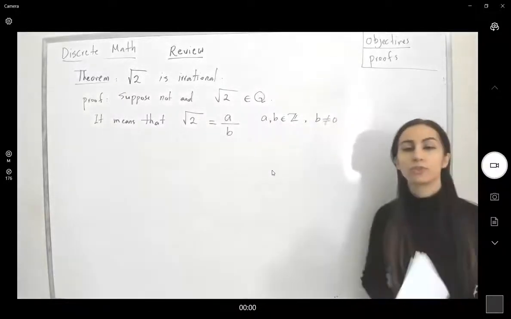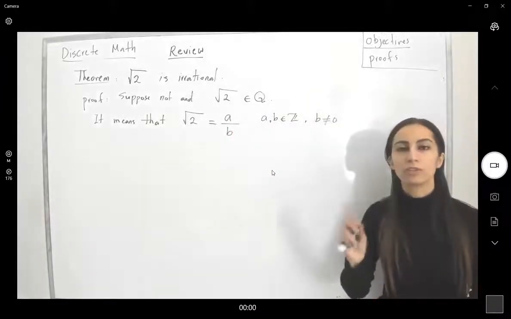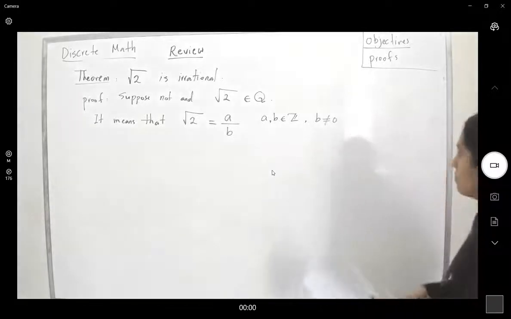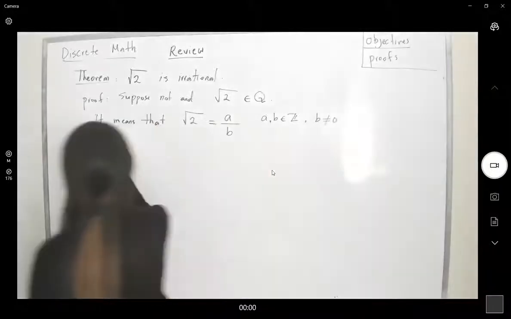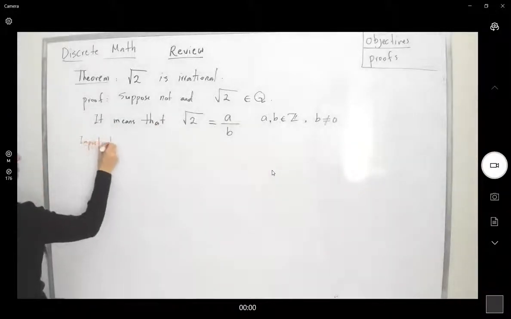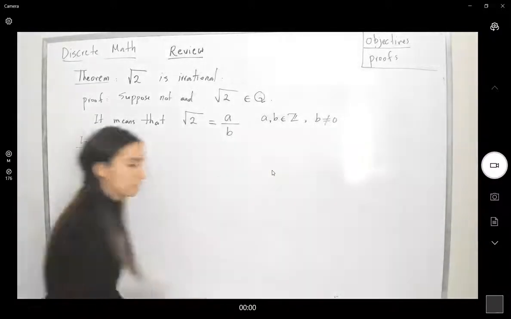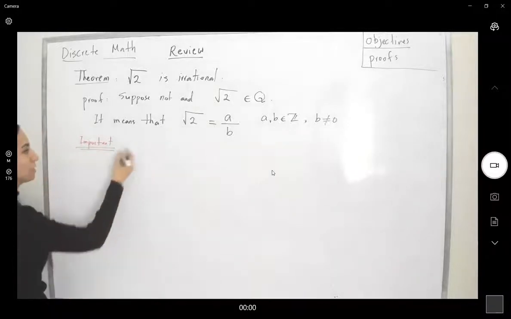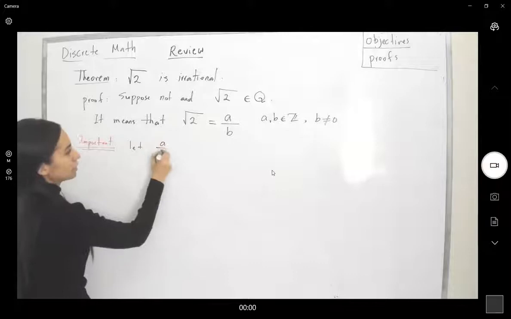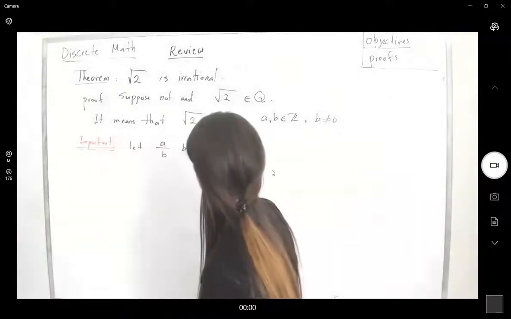Now I'm going to write this fraction in reduced form. This is a very important step. Let a divided by b be in reduced form.